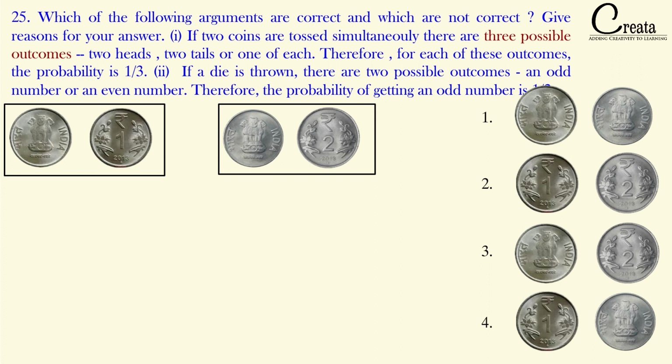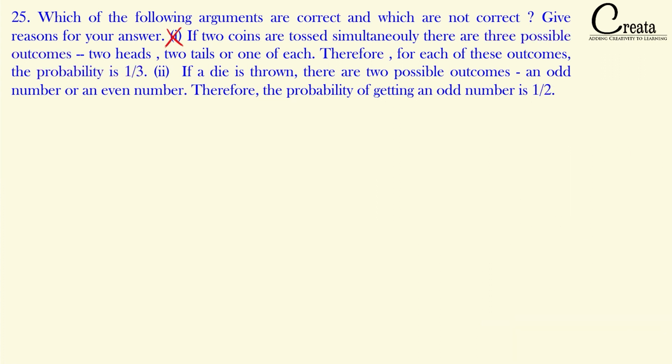Further, it is given the probability of each event will be 1 by 3. If we are getting 3 outputs, then we can say it is 1 by 3. But here we are getting 4 outputs. So the probability of each event will be 1 by 4. So the first is incorrect or false.